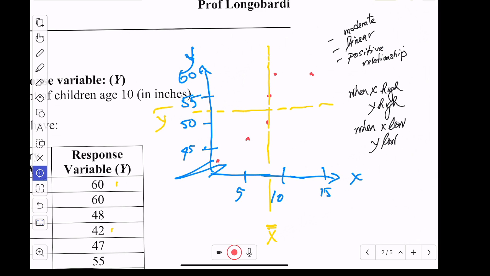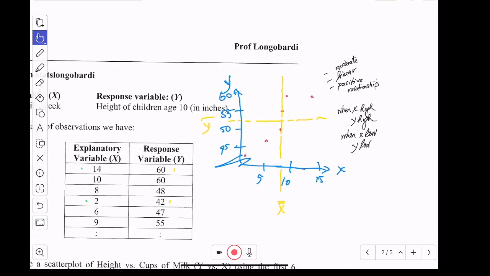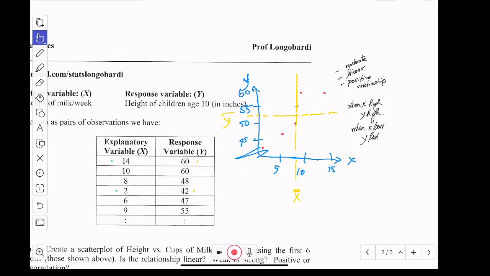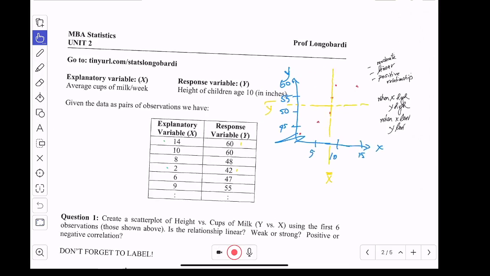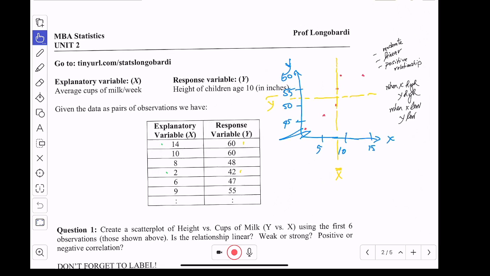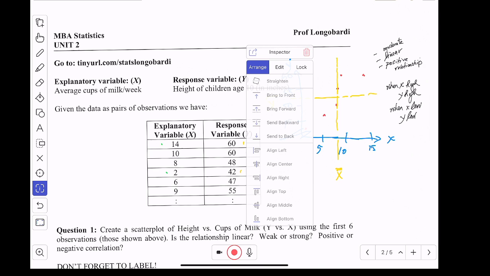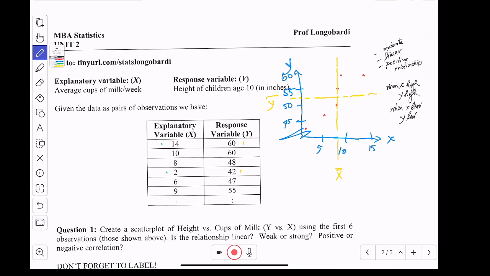So these are the comments we want to make when we look at the scatter plot. Remember, when we are looking at one variable, the comments we had to make were all about the 5 features. Sorry, I don't want to make you seasick when I move this around. I haven't figured out how to do that without jiggling the screen too much.